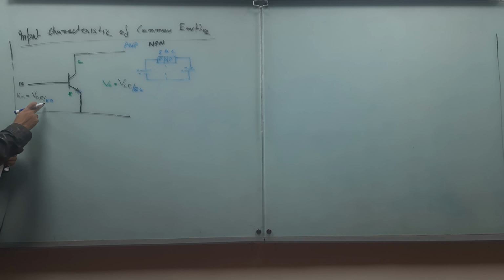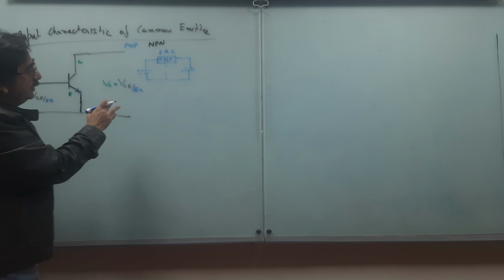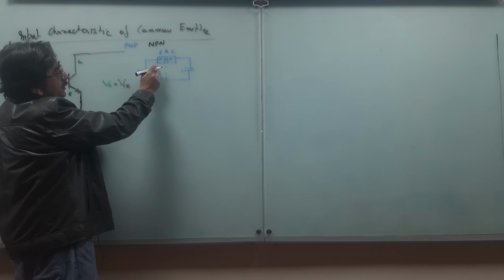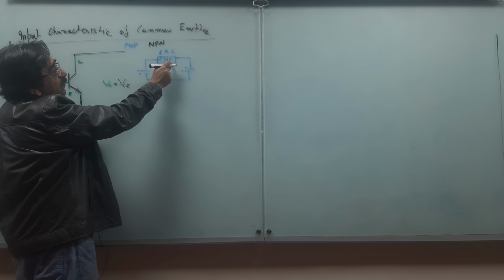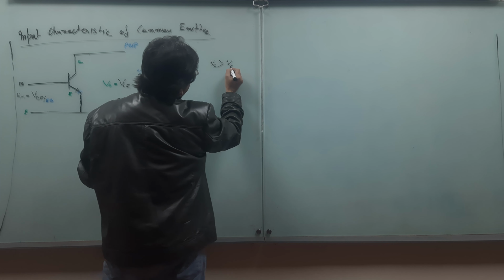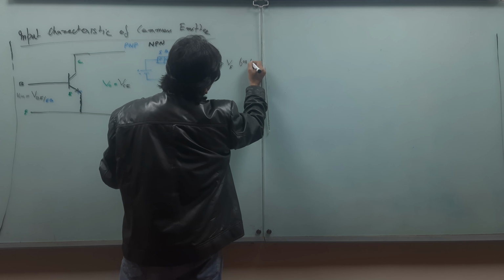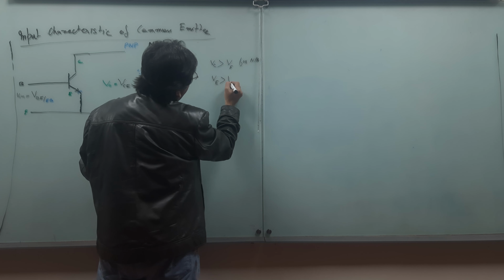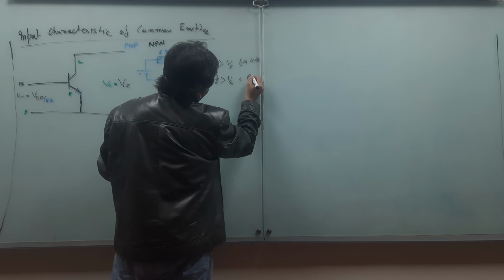So for PNP, EB, and BE for NPN. But on this side, VC will be higher than VE for NPN, or VE will be higher than VC for PNP.